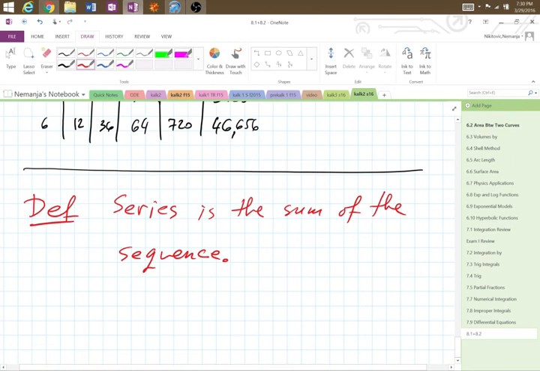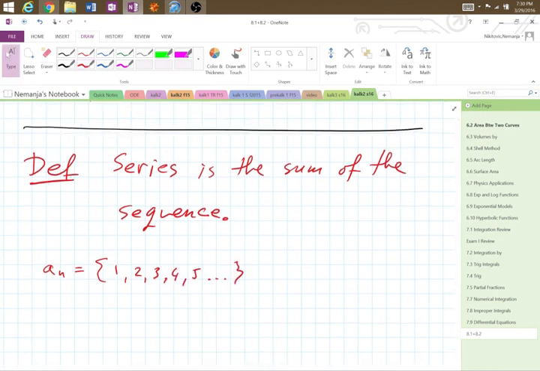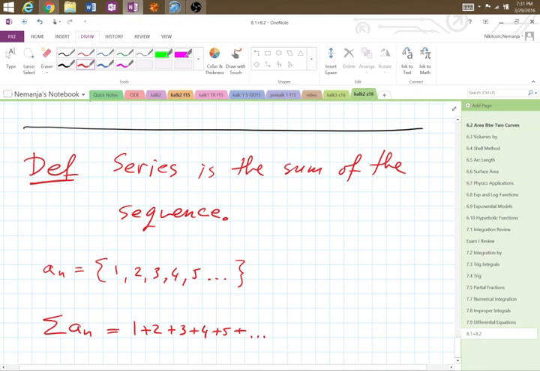So if you guys have, let's say, a_n given as 1, 2, 3, 4, 5, going on forever, then your series of a_n is actually 1 plus 2 plus 3 plus 4 plus 5 plus going forever.